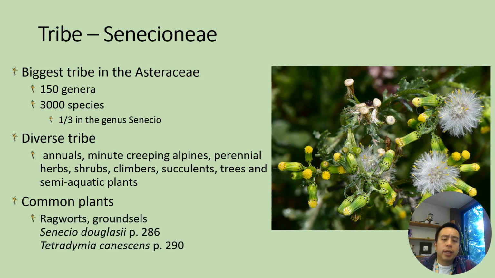And they're also very common plants that you might be familiar with, like ragworts and senecio or groundsels, like the one above me. Specifically, we'll be going over Senecio douglasii and Tetradymia canescens.